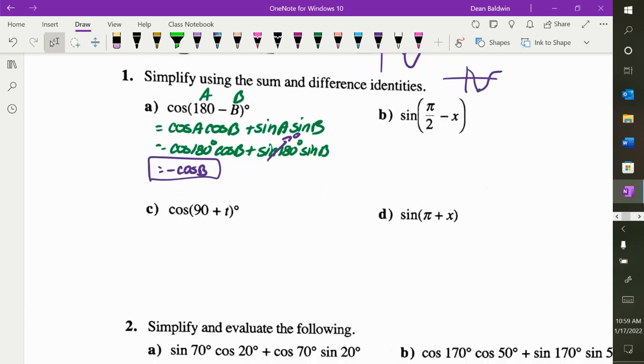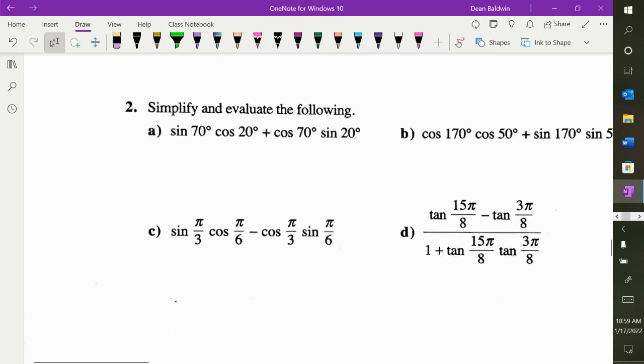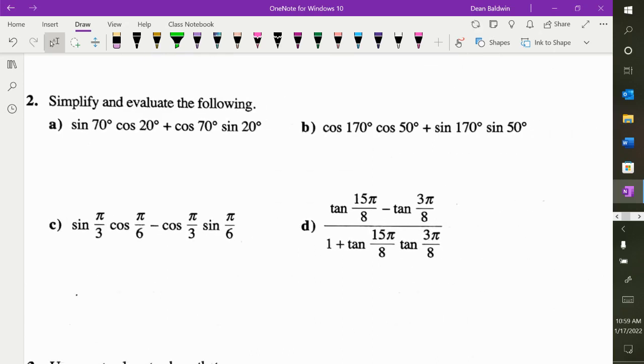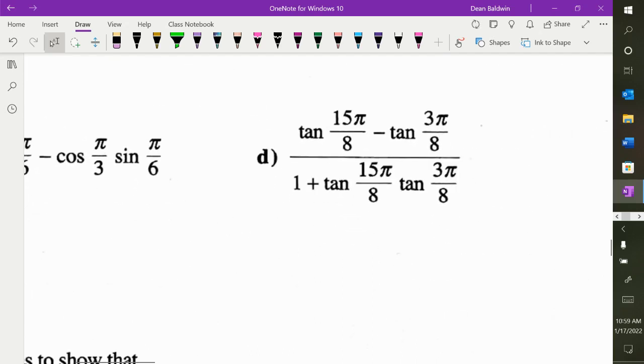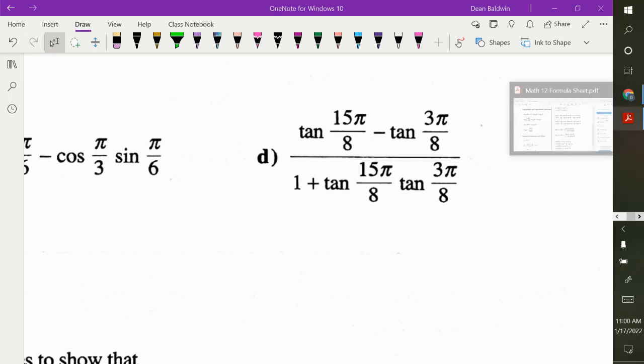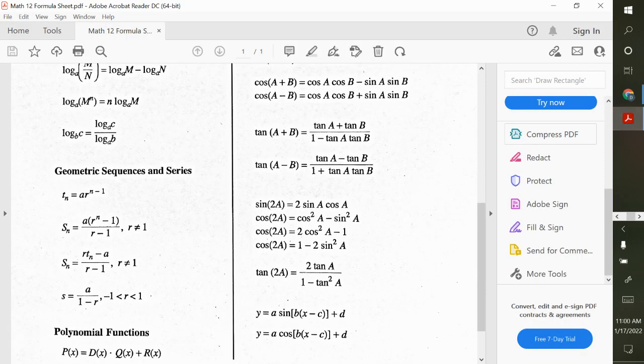All right, let's look at 2D. Obviously, this is what type of identity? The hard one. The tan one. Because it's got tans in it. So go to your sheet. Which one does it match? Does it match this one or this one? Second one.